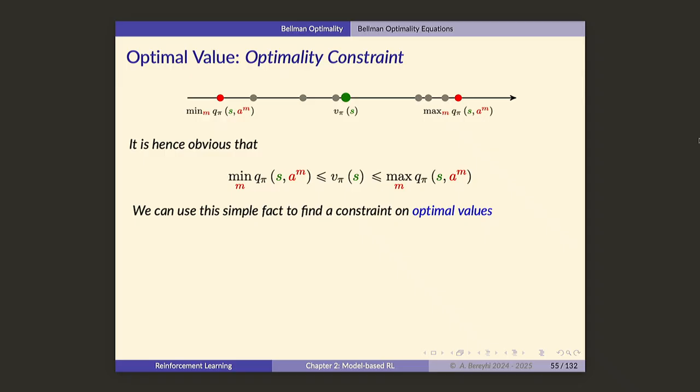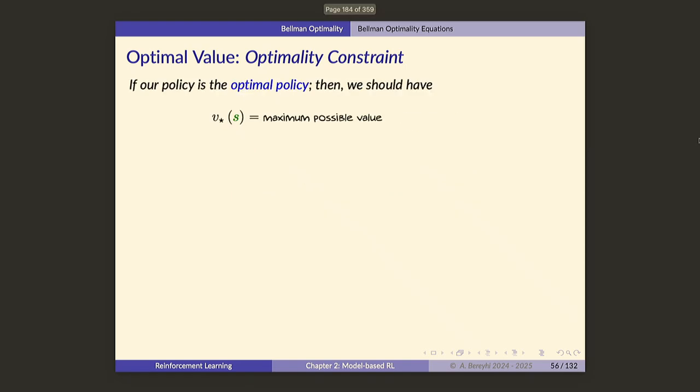Everybody's cool? So it means that when you are playing with the optimal policy, then your value is going to touch the maximum one, which is exactly the maximum value, right? So this means that this guy can be the maximum action value among all the possible actions when you are still playing with the optimal policy.